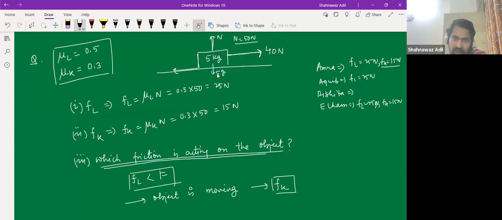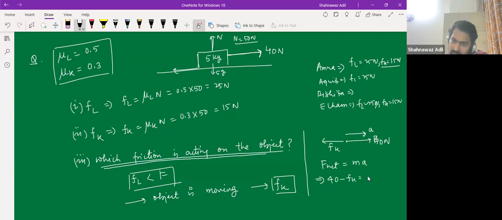So the vertical part doesn't have any acceleration, right? In the horizontal part, the free body diagram says that we have Fk in this direction, and in this direction we have F, which is 40 Newton, and then this is the acceleration. So F net is ma. F net is 40 minus Fk, which equals M times A, where M is 5.